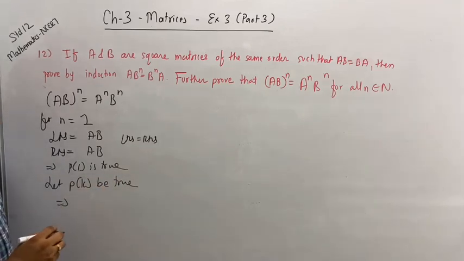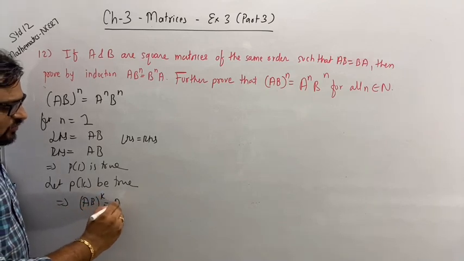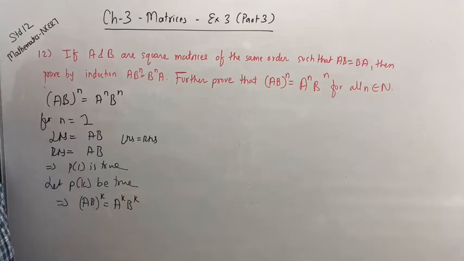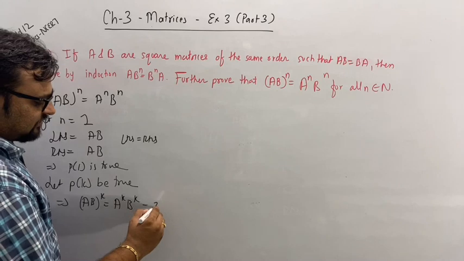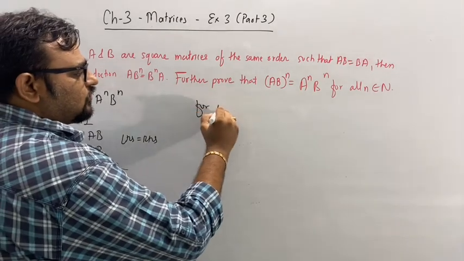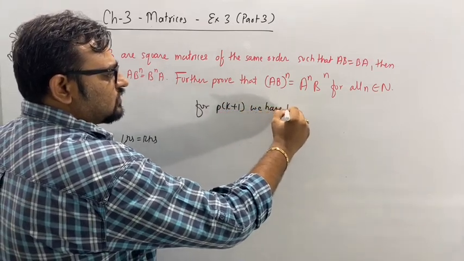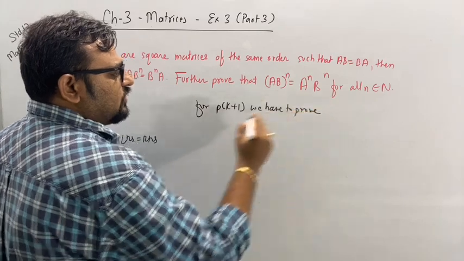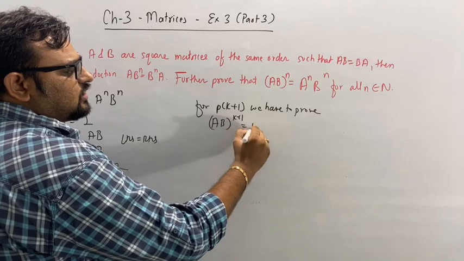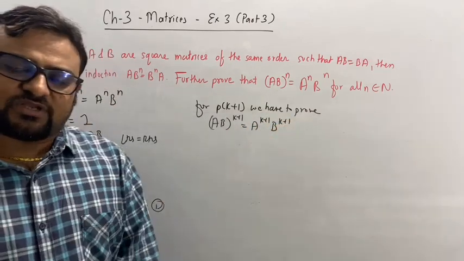This implies that (AB) whole raised to K equals A raised to K, B raised to K. Okay, so now let's name this as 1. For P of K plus 1, we have to prove (AB) raised to K plus 1 equals A raised to K plus 1, B raised to K plus 1.